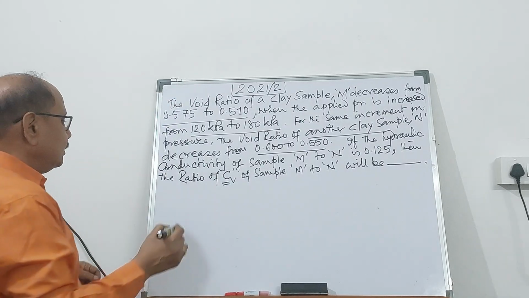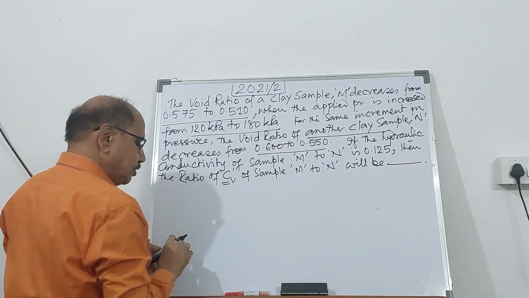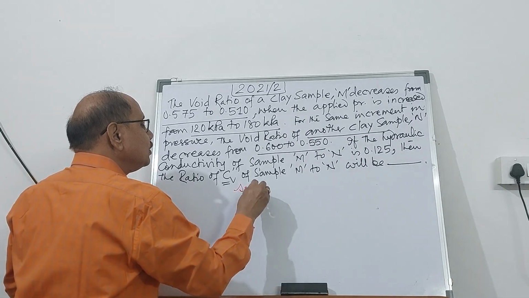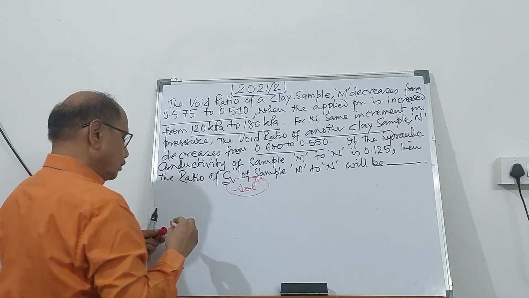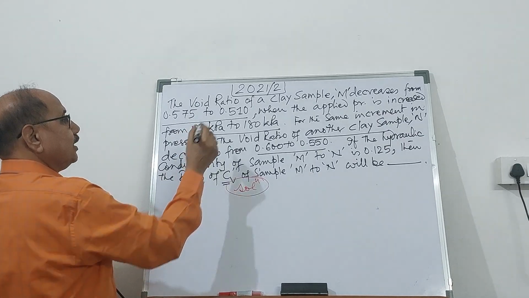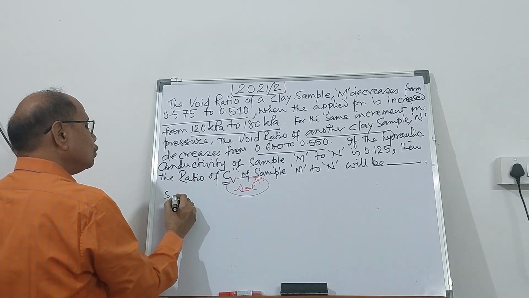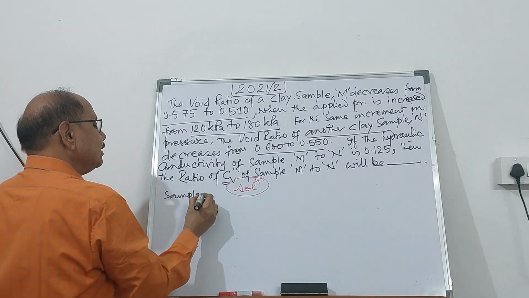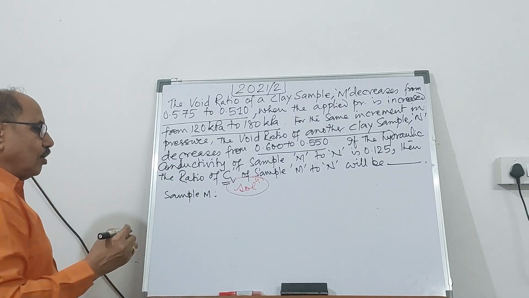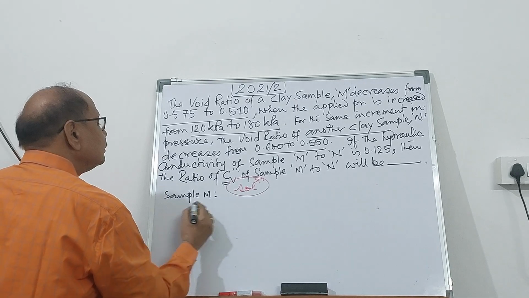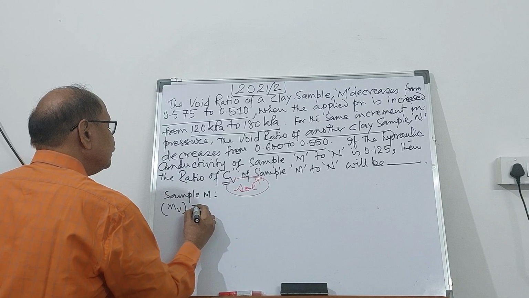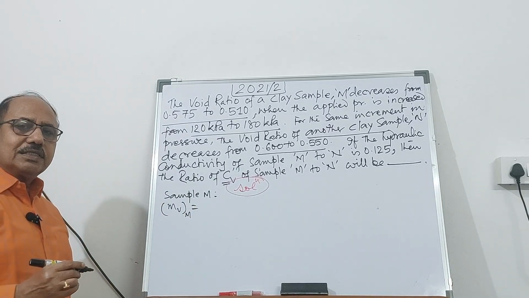Now you see the solution. Solution is going to be again quite simple from the given data. So if you see the solution part now, I will take first the sample M. If I take sample M, I can find out the value of MV for sample M. What is the formula for MV?